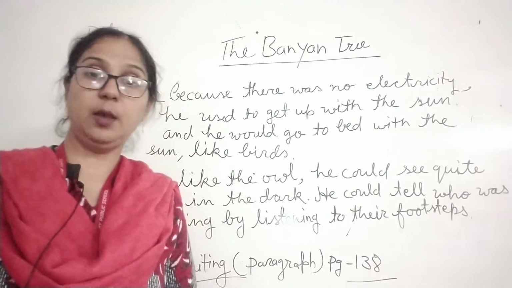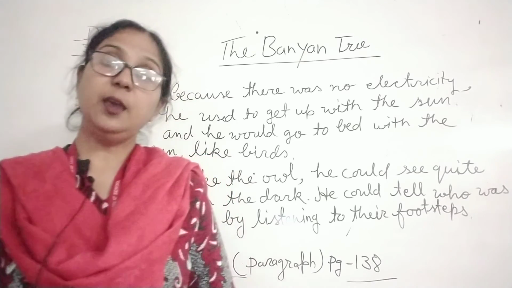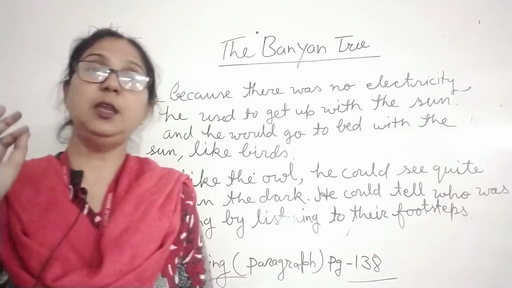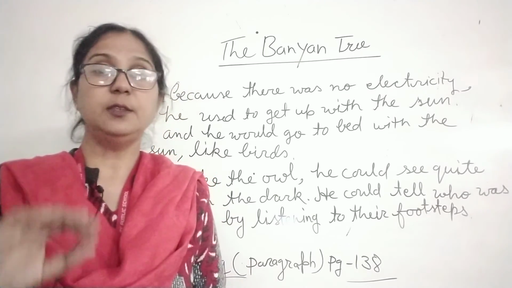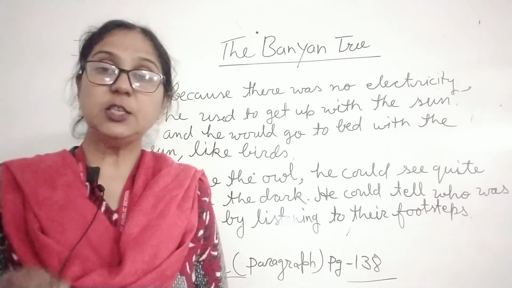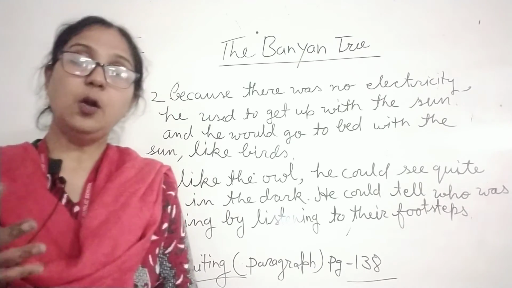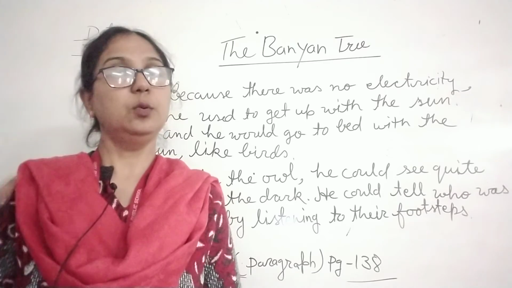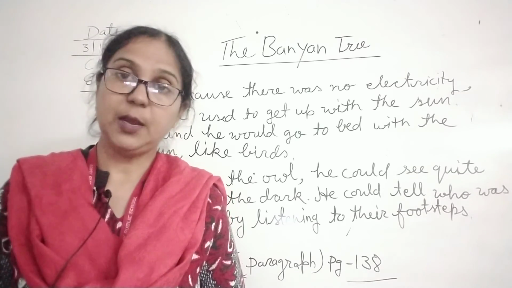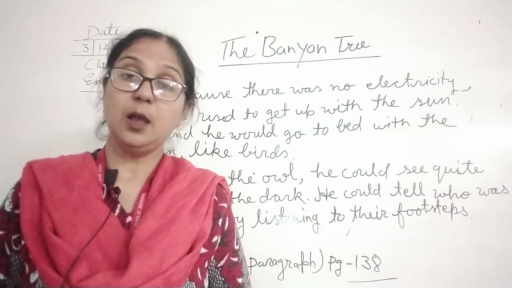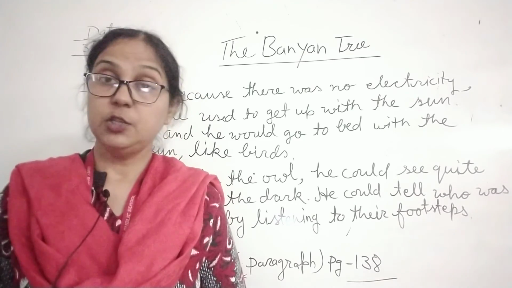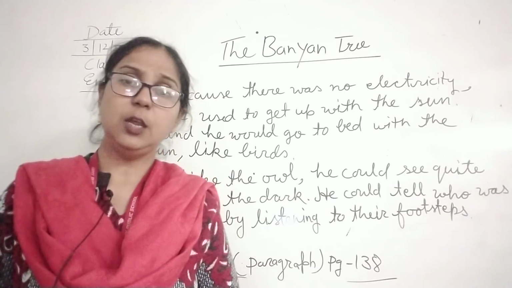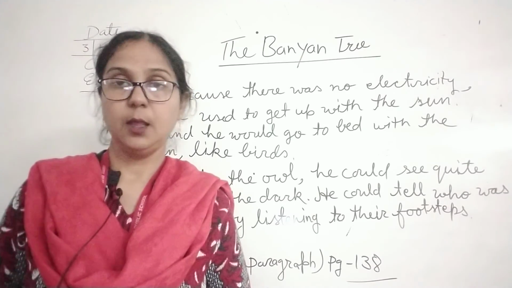Secular means a place where each and every religion is respected. Each and every person, belonging to any religion, any caste, any creed, will be respected in the eye of the judgment or in front of any constitution of India.